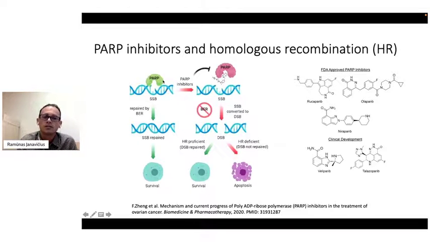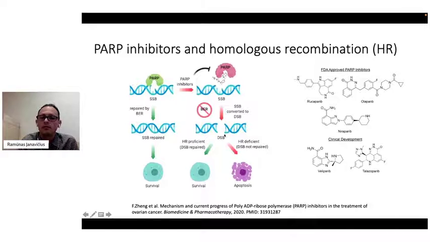It's an enzyme responsible for single-stranded break repair, the so-called base excision repair system, where this enzyme detects single-stranded breaks and repairs them. If we inhibit this enzyme with synthetic analogs, so-called inhibitors, actually all uncorrected single-stranded breaks are converted to double-stranded breaks.